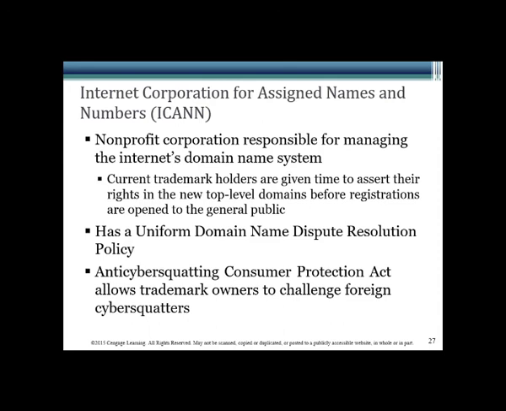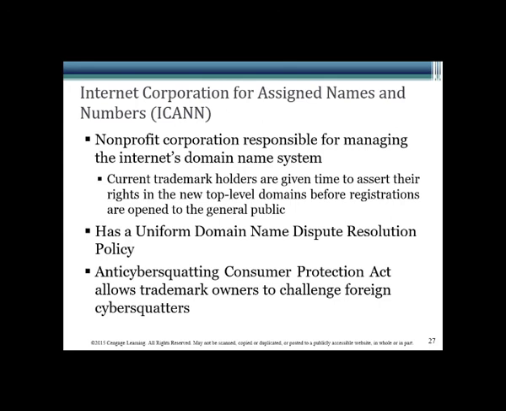ICANN also has a uniform domain name dispute resolution policy, under which most types of trademark-based domain name disputes must be resolved by agreement, court action, or arbitration before a registrar will cancel, suspend, or transfer a domain name.